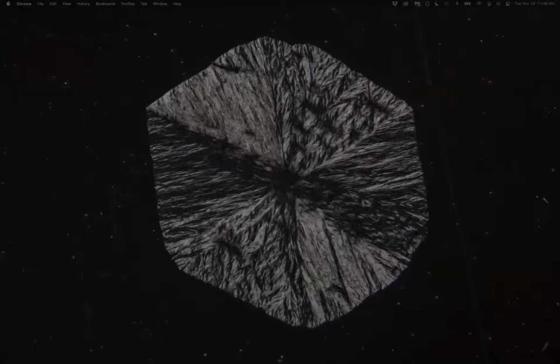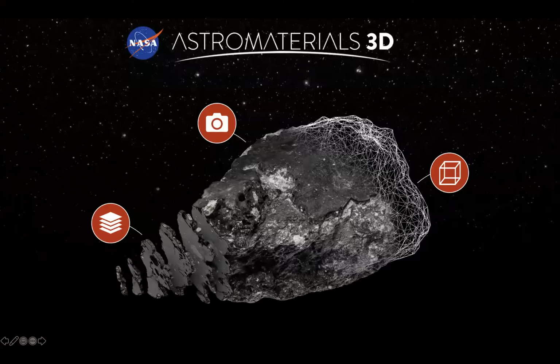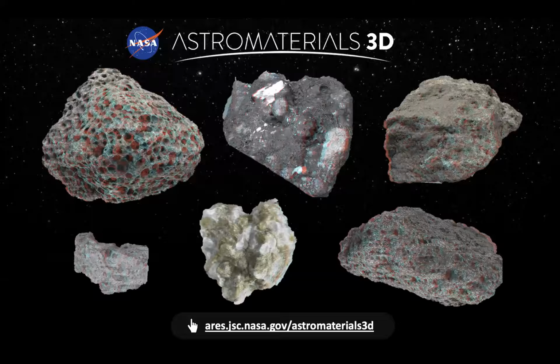So I want to pause here, and I'm going to quickly jump back over to my PowerPoint presentation so I can share one last thing with you. If you have your 3D glasses handy, you can put them back on, and I will leave you with this page of 6 other rocks that are in our collection that we've created anaglyph 3D models for.